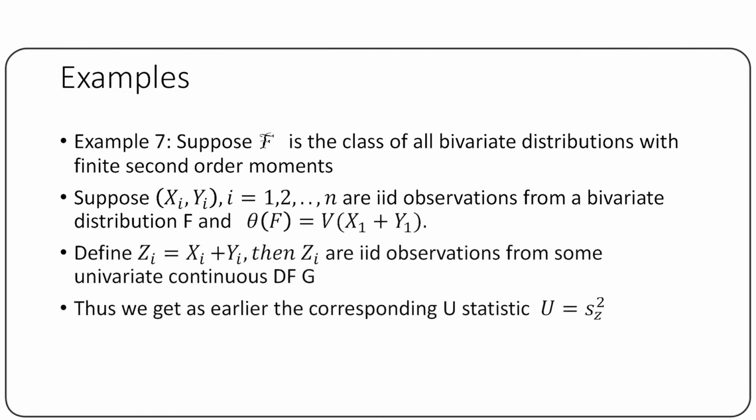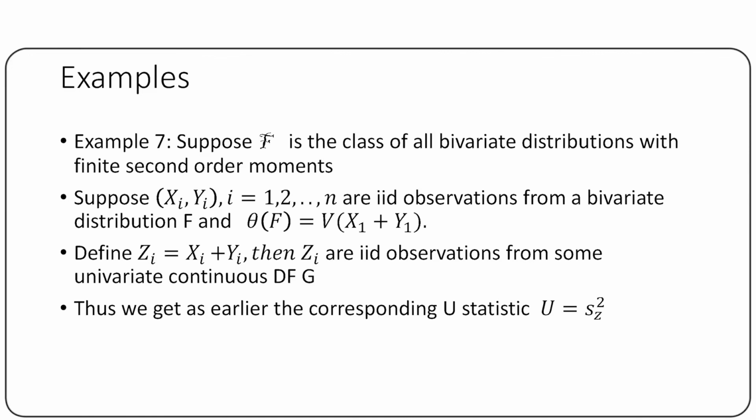Similarly, if we consider estimation of the variance of x plus y, we take the new variable z as the sum of x and y, then the distribution of z is continuous with finite variance. Thus, with the redefined variable, the objective is to estimate the variance of z.